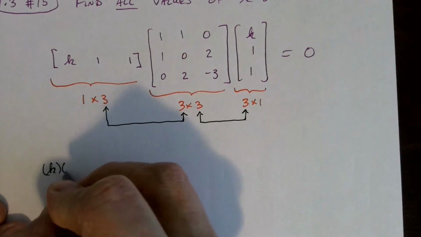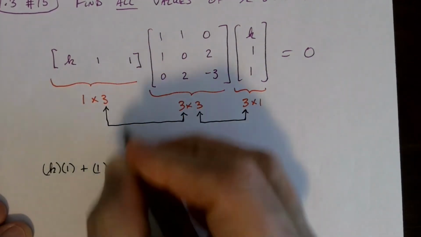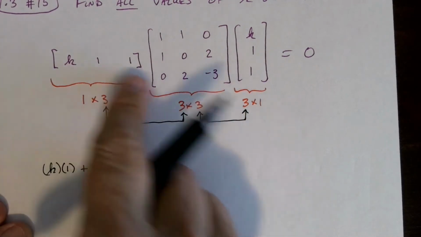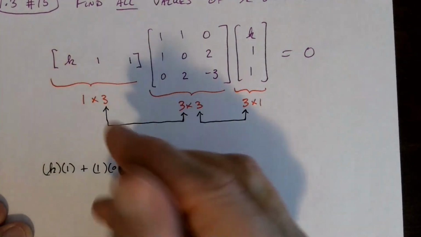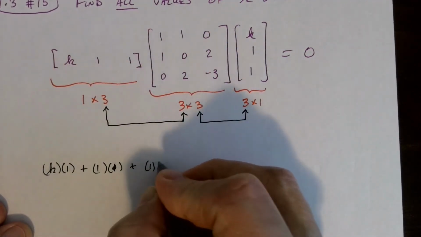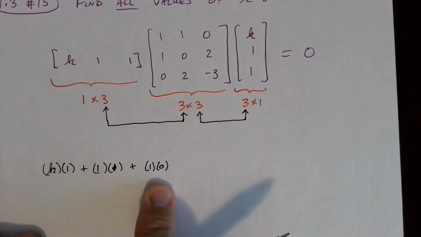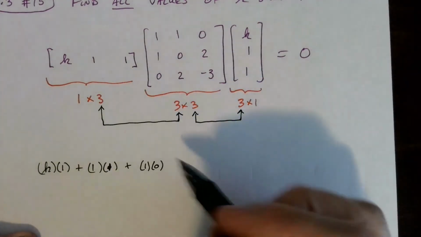K times 1 plus 1 times 0 plus 1 times, oh, I did that wrong. K times 1, 1 times 1, excuse me, 1 times 0. That's my first entry. Okay, I'll do the next one a little quicker now.